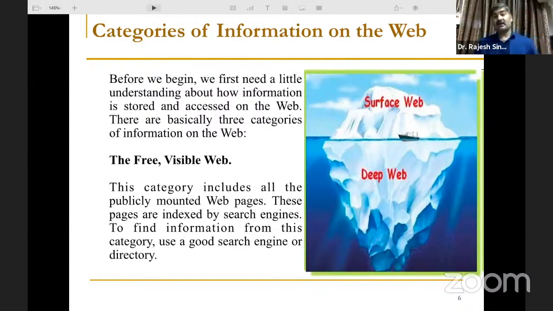See, an individual search engine has three components. The first component is called spiders or worms or robots.